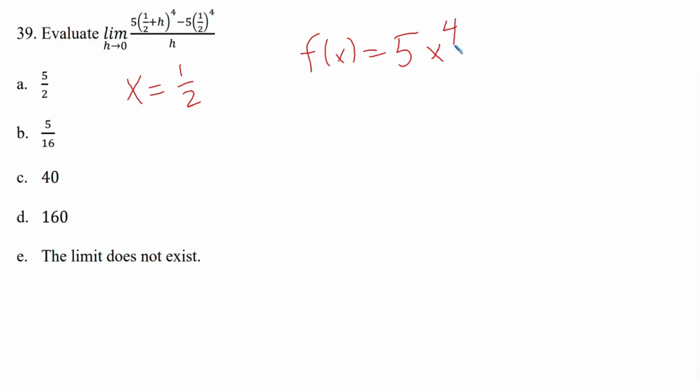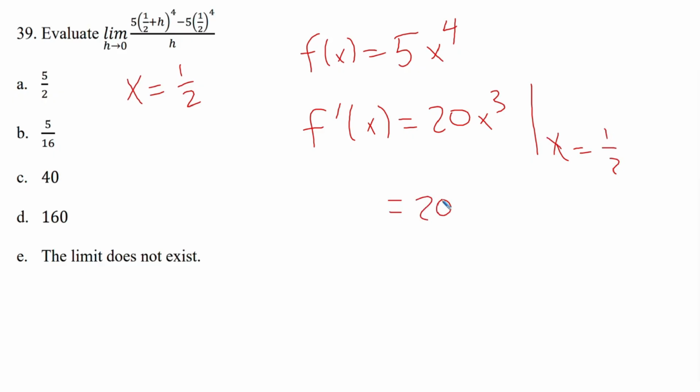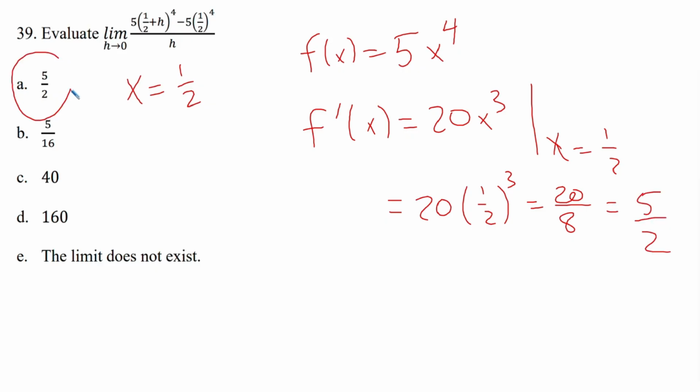And so all we need to do is evaluate the derivative of 5x to the 4th, which would be 20x cubed, at x equals 1/2. So that is 20 times 1/2 cubed, or 20/8, which we should be able to reduce down to 5/2. Should be answer choice A.